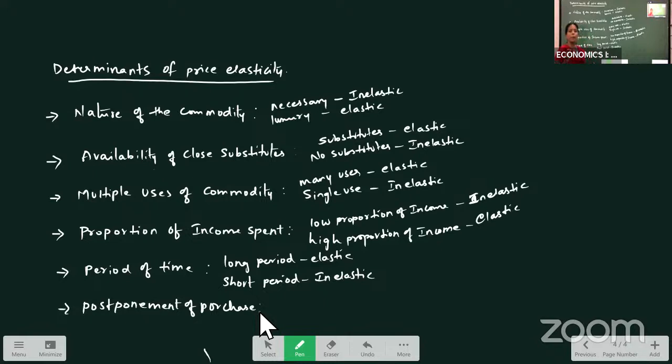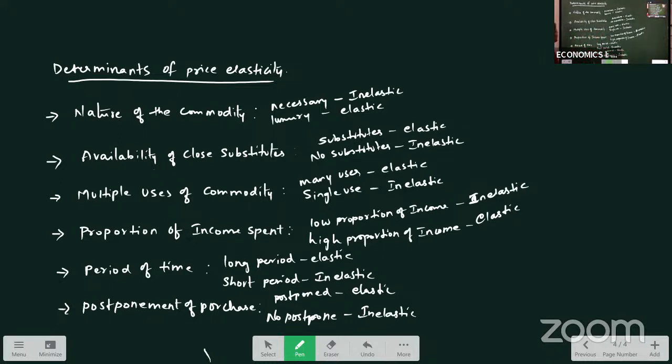Whereas, for example, medicines: whatever the price may be, whenever we require them, we have to buy them. Okay. So if purchase of goods can be postponed, then there will be elastic demand. If we cannot postpone the purchase, then there will be inelastic demand.